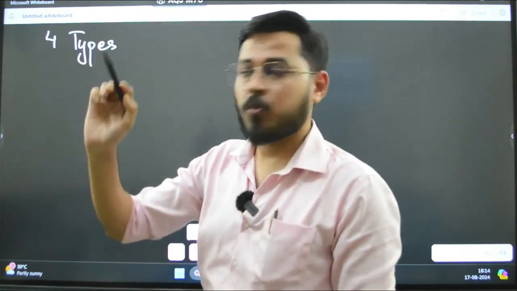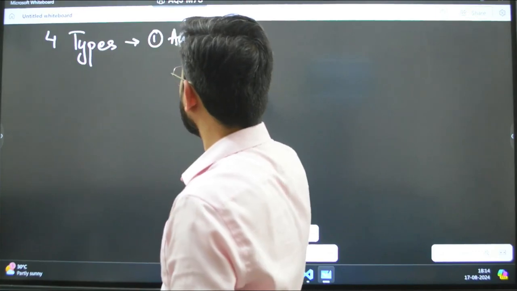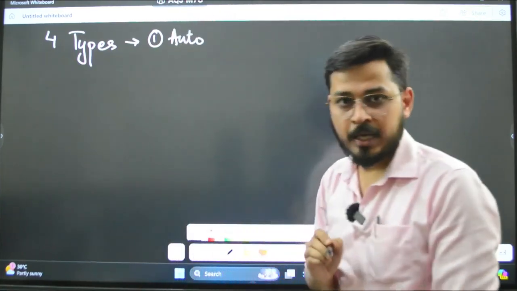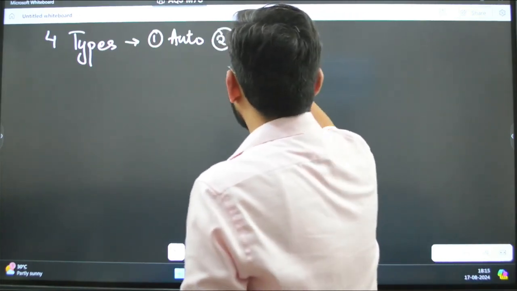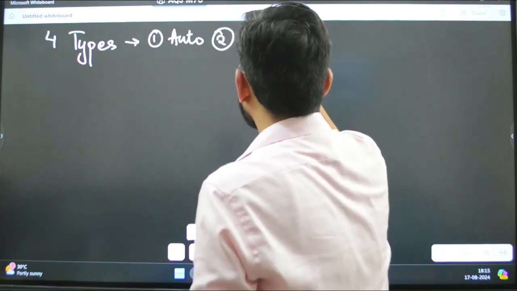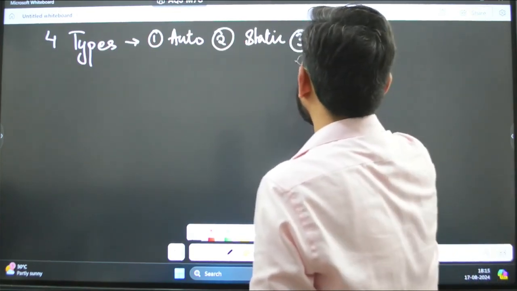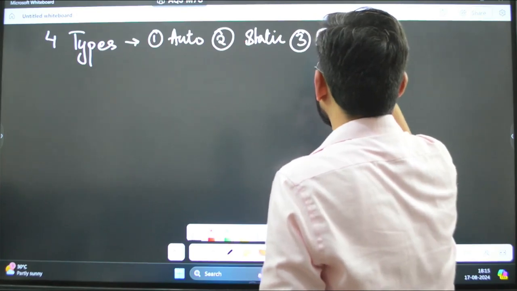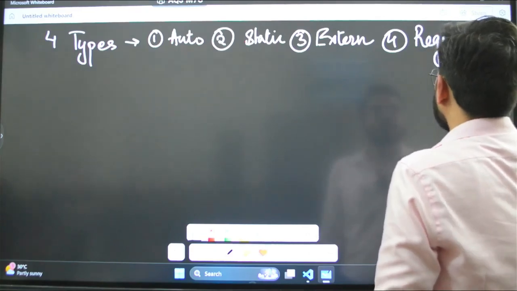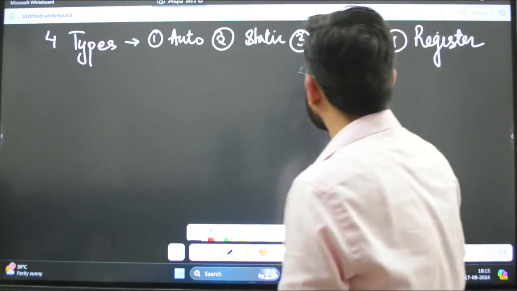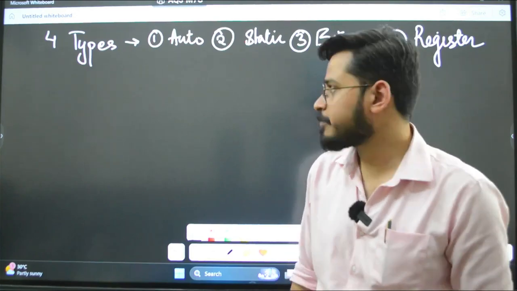Number one, auto, A-U-T-O. Next, static. Then extern, and at last, fourth one, register. Auto, static, extern, register. These are the 4 types.